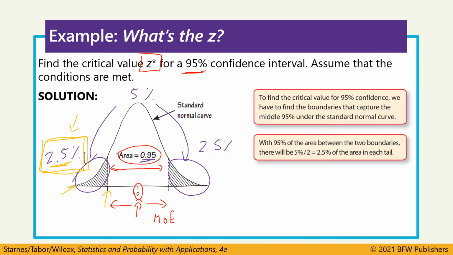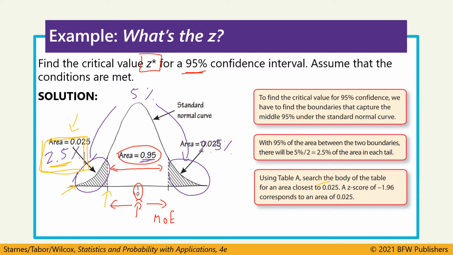So we go to our yellow table, we look for the closest thing we can find to 0.025, and in this case we're going to find it exactly at negative 1.96. So our z-score is going to be plus minus 1.96. Plus minus because it's a margin of error and it moves to the right and to the left because of that plus minus sign.